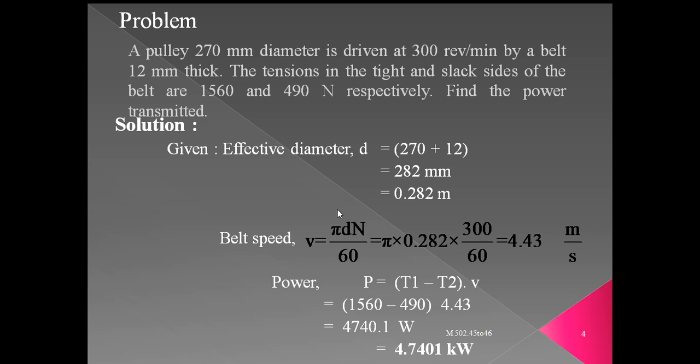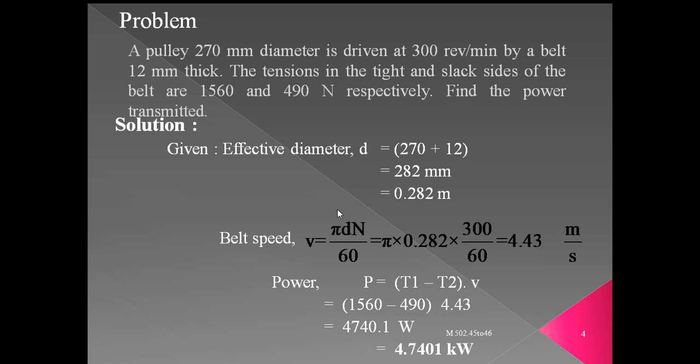Here velocity V is the belt speed, equal to pi D N by 60. D is given, but since the thickness of the belt is also mentioned, we need to add the belt thickness to the pulley diameter.